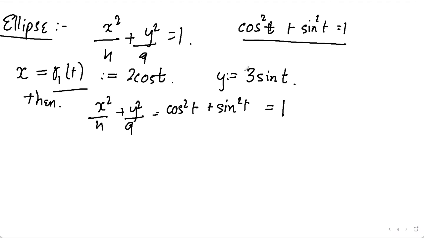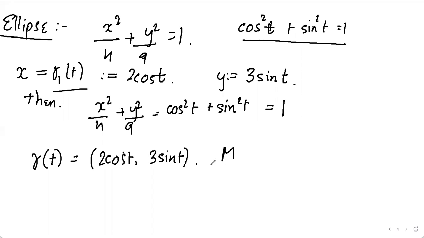Notice that these terms will get squared up and they will cancel out with the denominators. So the parametric equation for this particular ellipse is 2 cos t and 3 sine t.